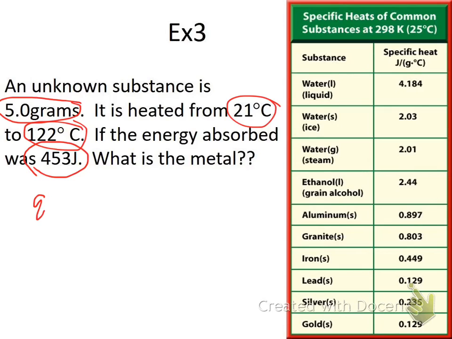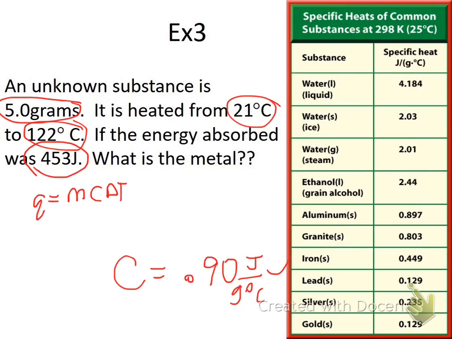I'd like you to identify what those things are, and then we can plug it into the equation. So you're going to be solving for the specific heat, and you'll find the specific heat is 0.90 joules per gram degree Celsius, which then leads you to the fact that it's aluminum.